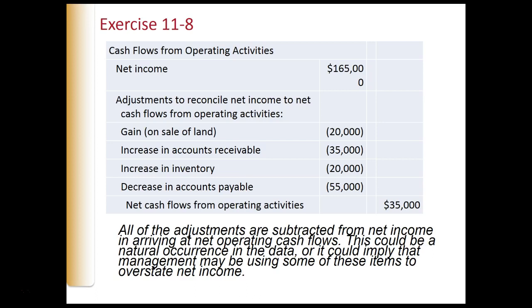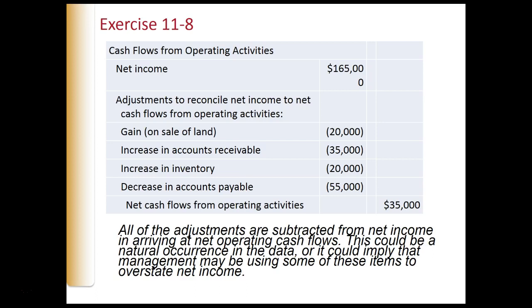Our increase in accounts receivable, if you think about it, shows on the other side sales revenues. Now, we receive sales revenue by people paying cash or by people needing to still pay us in accounts receivable. When we have an increase in accounts receivable, that increased our revenues, but didn't necessarily affect our cash.